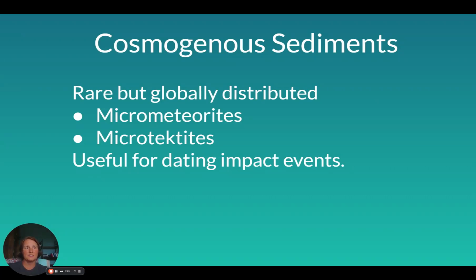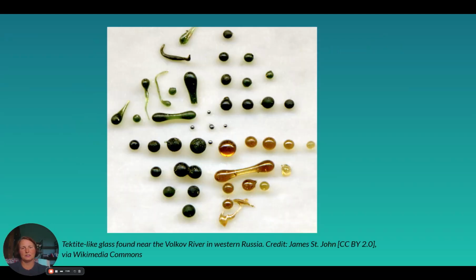The microtektites are essentially almost like glass. Here, these are microtektites. When the impact happens, they form these glassy sediments. And I would love to find one of these. I think they're beautiful. I would love to find one in real life. If anybody's ever found one, put it in the discussion for me. I'd like to know about it.